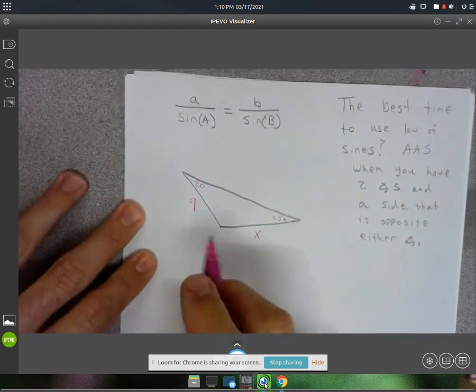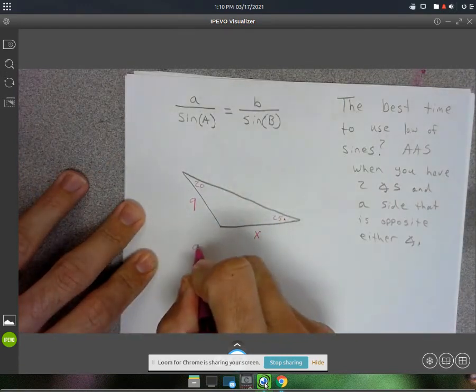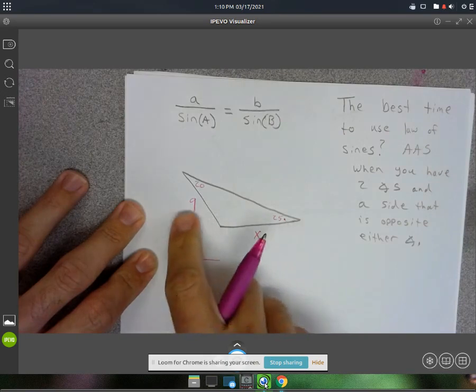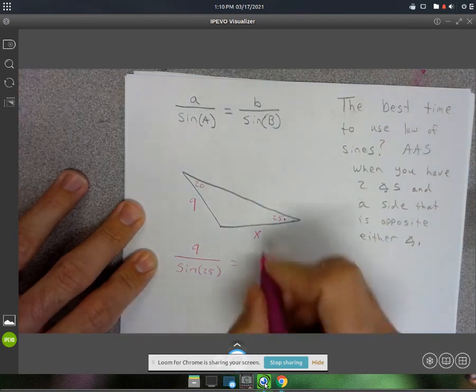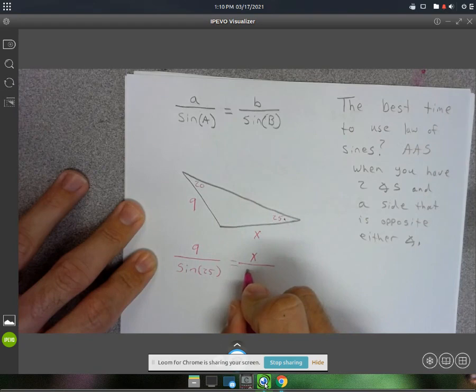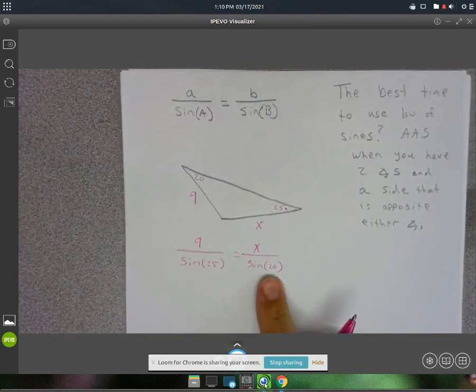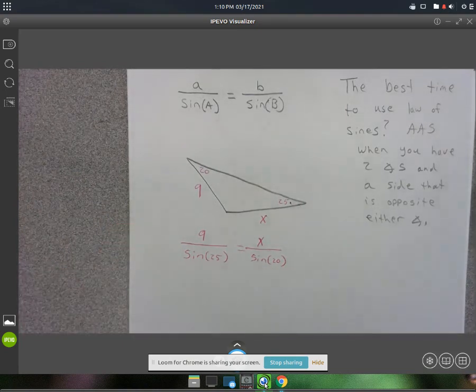The way that formula works is 9, which is across from 25, so 9 over the sine of 25 is equal to x, which is across from the 20-degree angle, over the sine of 20. And so I can solve for x just by multiplying by the sine of 20.